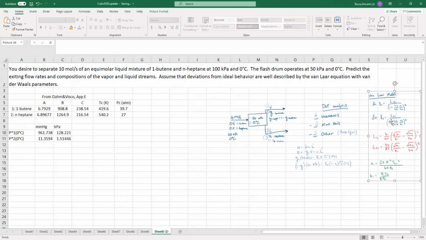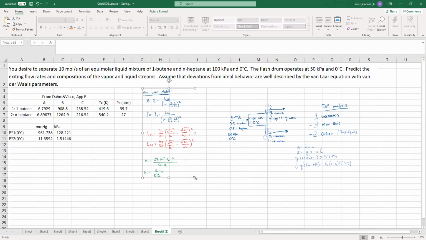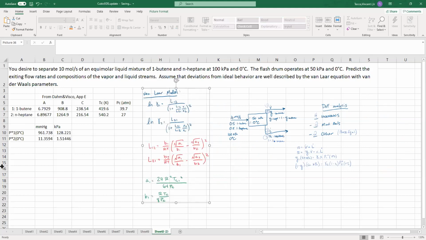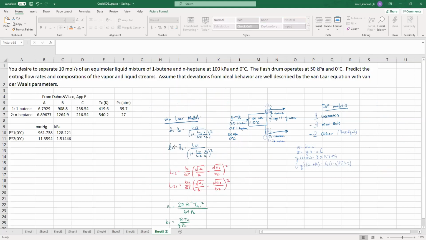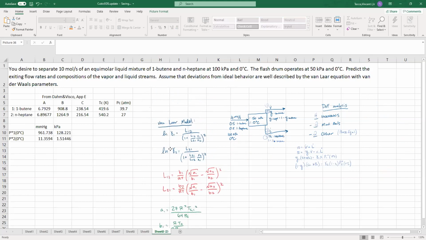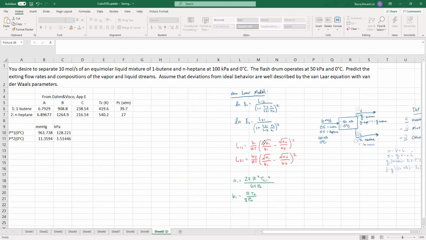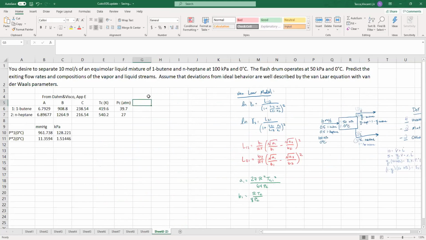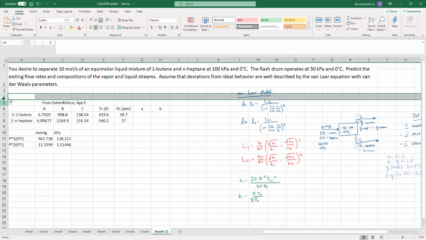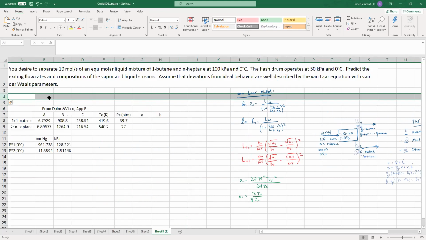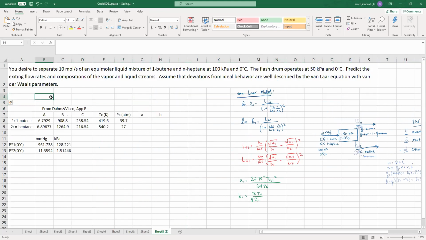Next, I need the Van Laar model, so I'm going to bring this over here and make sure I don't make a mistake. So where do I want to do this? Let's keep going right to the right. So A constant and B constant. So A1 is going to be, I'm going to need the gas constant R. This is part of the fun about using Excel, is you can really array your spreadsheet however you want.